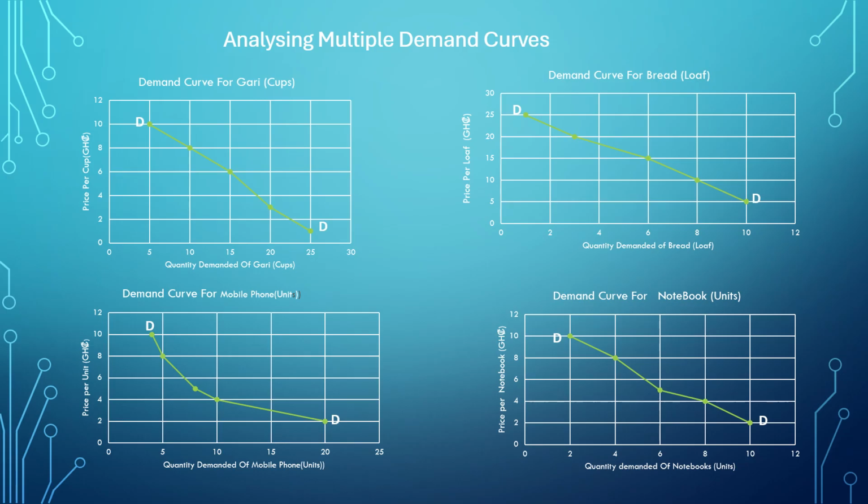Exactly, it tells us that the law of demand applies to all these goods, whether it's gari, bread, mobile phone credit, or notebooks. When the price goes up, the quantity demanded goes down. This is a universal principle.